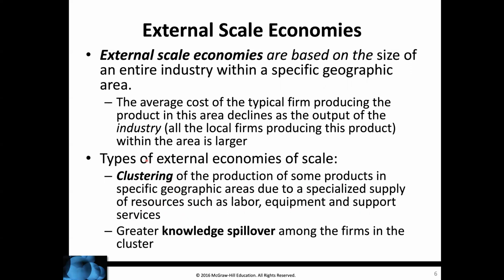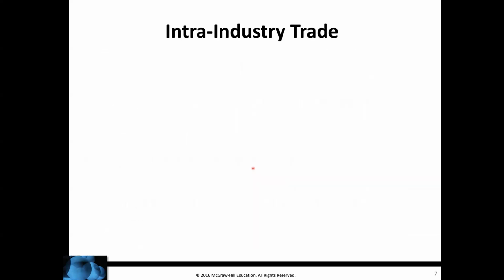That's because there was a type of external economies of scale due to this clustering effect and the specialized supply of resources. Also, there's greater knowledge spillover among the firms in the cluster. We see that, for instance, in the San Francisco Bay Area, Silicon Valley, where there's a lot of knowledge spillover amongst the firms there as we see clustering happen and external economies of scale occurring within the industries there.